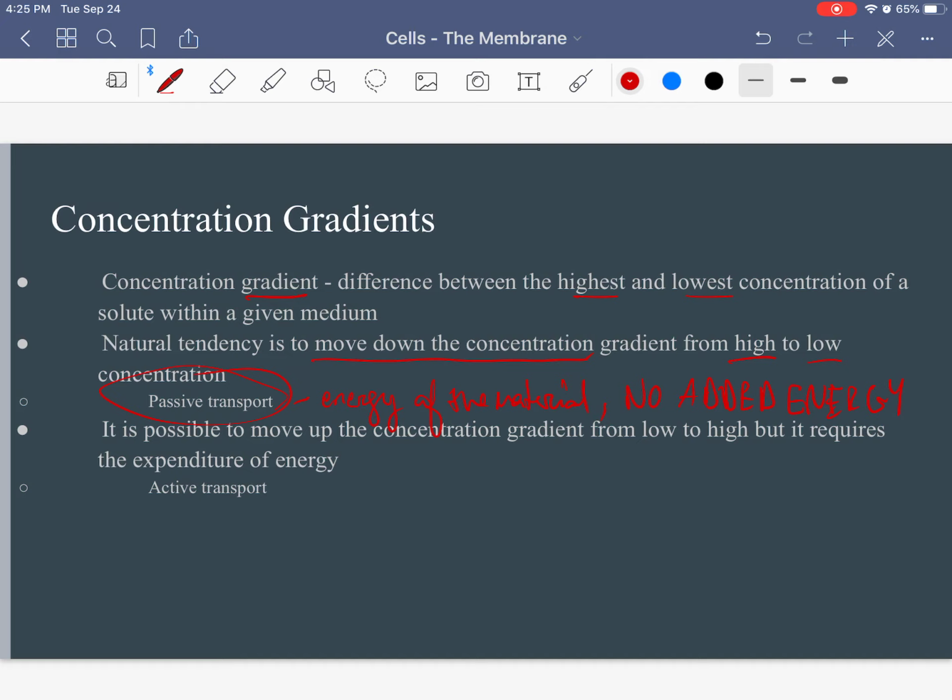We're just using the energy that the molecule has because all molecules have energy and are moving. It is possible to move up the concentration gradient or to go from low to high, but it requires additional energy. Molecules do not naturally want to move that way, so we have to force them to move that way. And this is called active transport, and it uses ATP to power that.